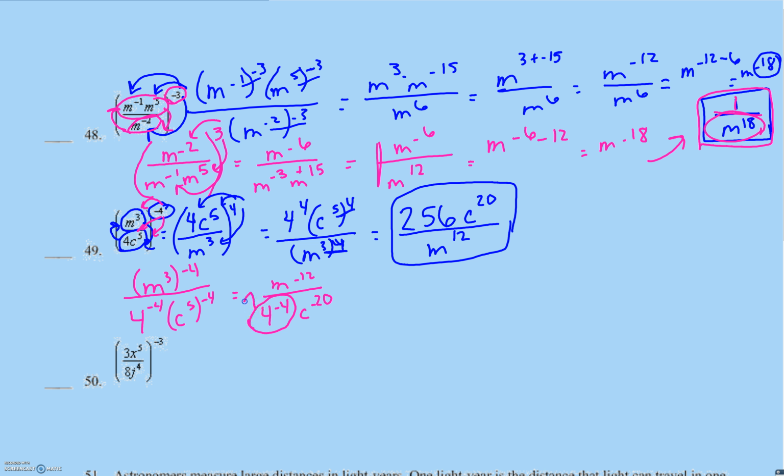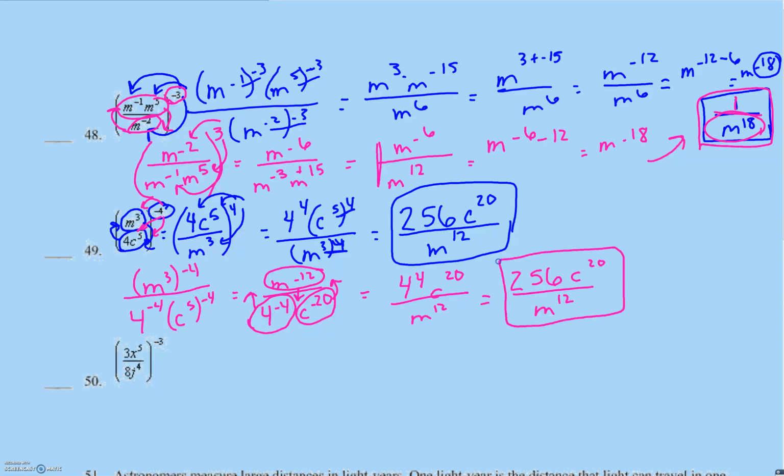Okay, we had to move to get our exponents positive to the opposite part of our fractions. So it had 4 to the 4th power, c to the positive 20th power, m to the positive 12th power, which still would have given me 256, c to the 20th power over m to the 12th power. And remember, I can't put that c to the 20th and the m to the 12th. I can't do anything with those exponents because they have to have the same base, and there I do not.